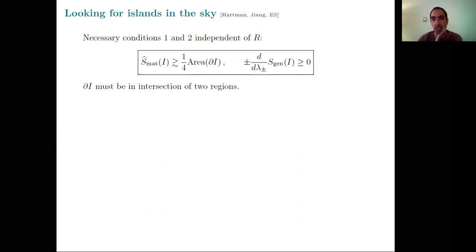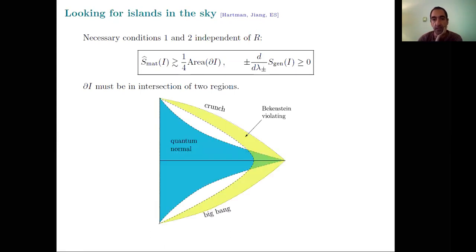And I'll just flash an interesting space-time where this non-trivially constrains where the island region has to be. This is a crunching cosmology. So there's a big bang, it grows, and then it turns around and crunches. You can have this in various cases.